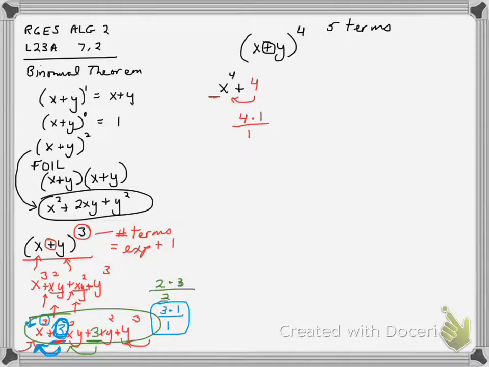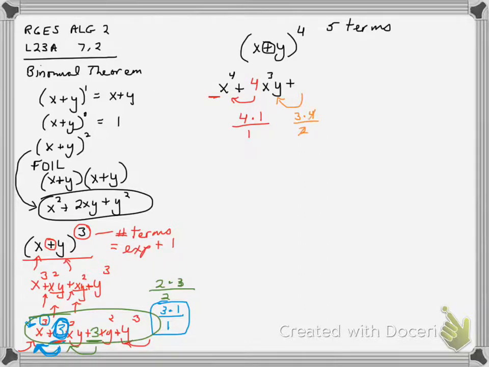Now I will fill in my x's, 1 less x, so I'll have x to the third, 1y, and go to the next term with a plus. Now I need to figure out the next numerical coefficient. So to figure out this numerical coefficient, I will look to this term. The exponent is 3, the numerical coefficient is 4, and it's the second term.